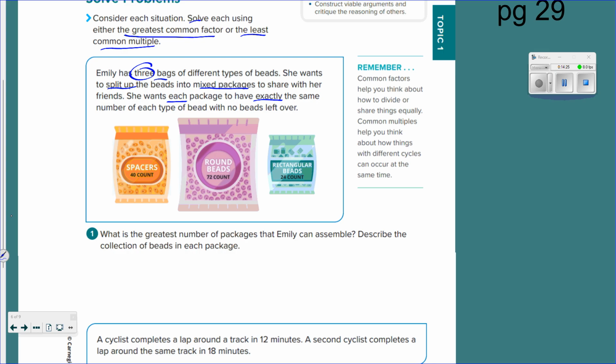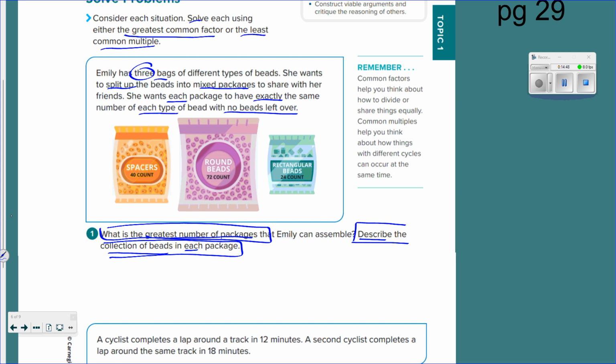So, what is the greatest number of packages that Emily can assemble? There's our question. Describe the collection of beads in each package. So, is there one part or 2 parts to this question? 2. I'll go through the marking and the text on the next one with you as well.